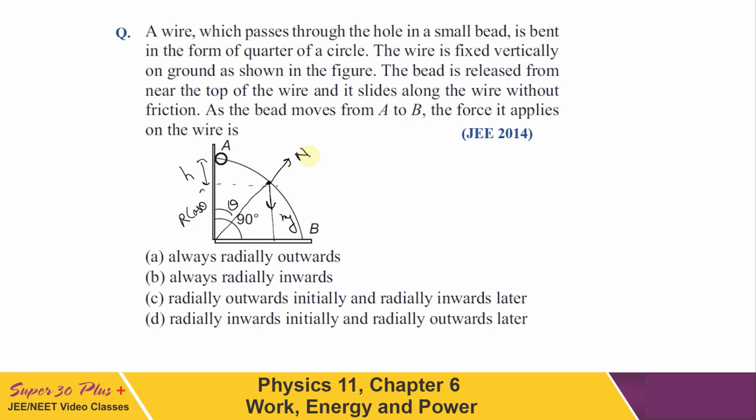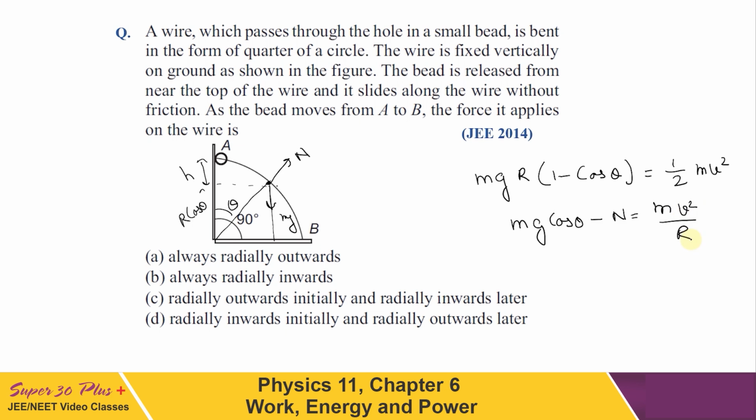So from conservation of energy, mgr(1 minus cos theta) is equal to half mv square. The radial force equation will give mg cos theta minus N equal to mv square by r. Now on solving these two equations, it will provide N equal to mg(3 cos theta minus 2).